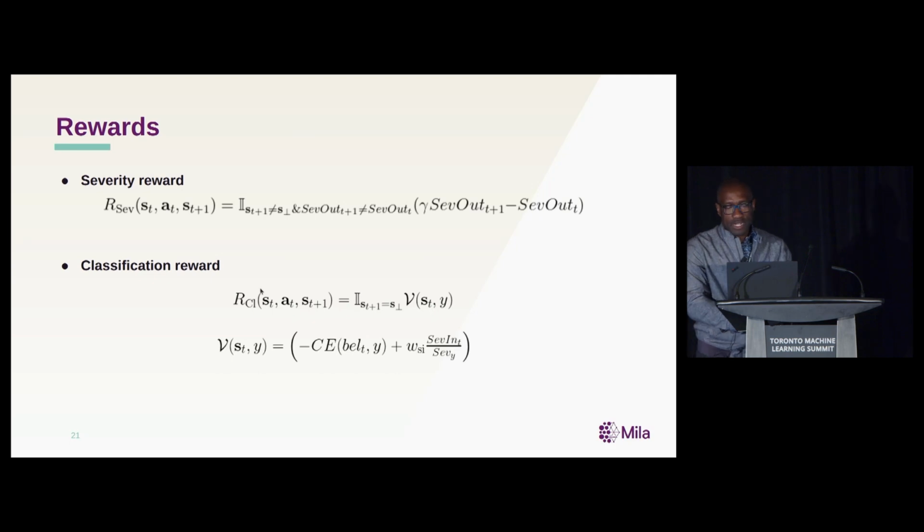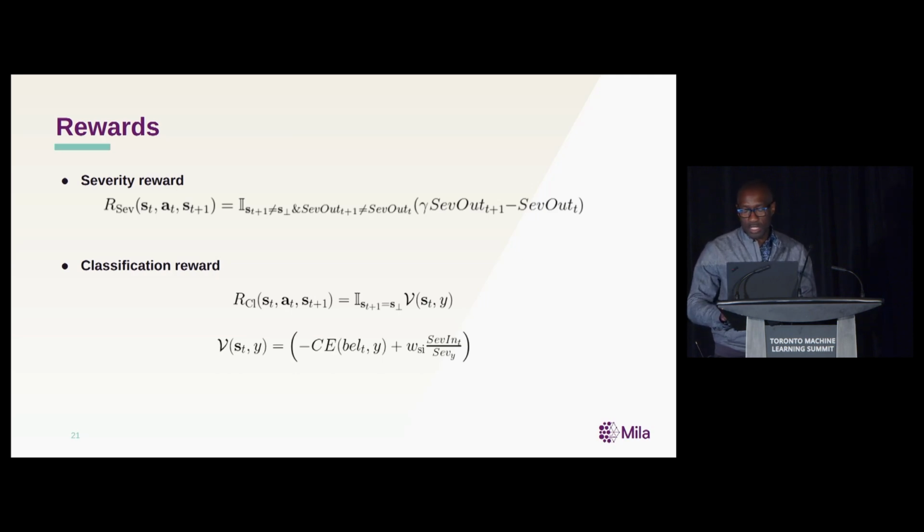And as for the classification, we rely on the cross entropy function as usual, but with a particular focus on severe pathologies, because what we care about here is that severe pathologies that are part of the differential are included in our prediction, to be part of the predicted differential diagnosis.